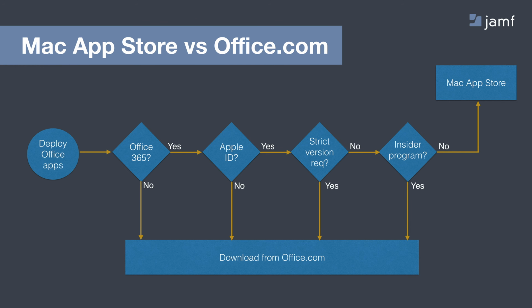If your users are assigned their own Apple ID, whether a managed Apple ID through Apple School Manager or Apple Business Manager, or even a personal Apple ID, they'll get a very smooth deployment and update experience. And if you have content caching enabled on your network, both new installs and updates of Office can occur very quickly.